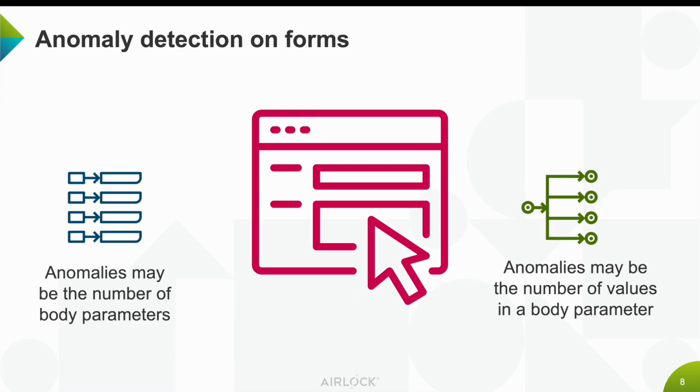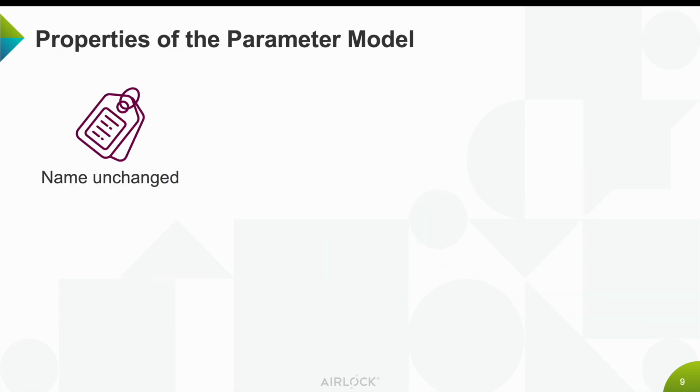We're analyzing with the Anomaly Shield how many parameters somebody is supplying and how many values they're supplying on a particular body parameter. And this anomaly detection on forms works on any type of form. It's not just a login screen, but any type of form that actually is exposed by your application is now going to be protected by the Anomaly Shield should you decide to enable it.